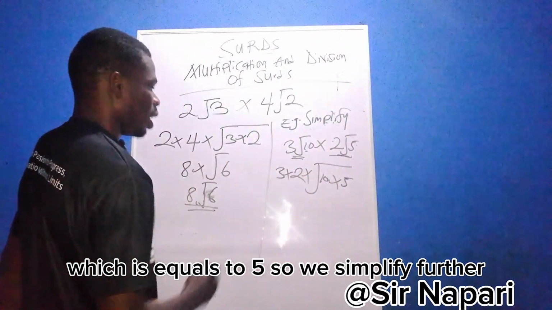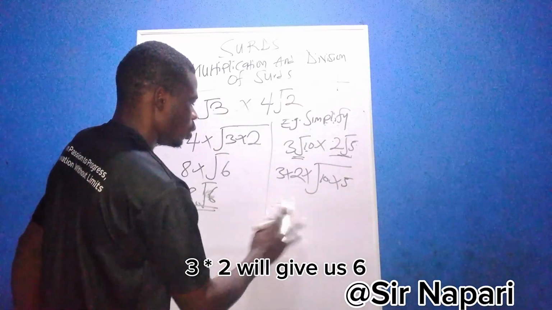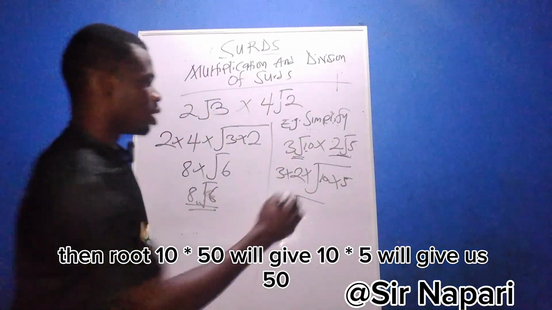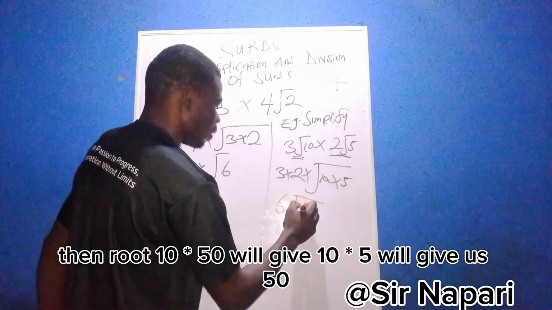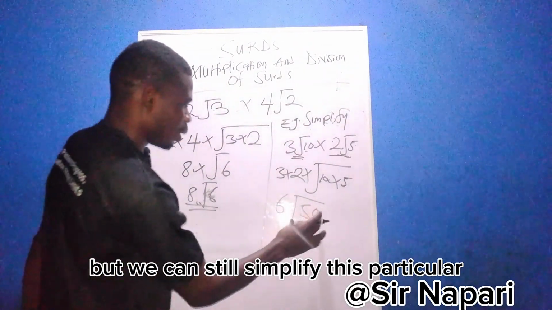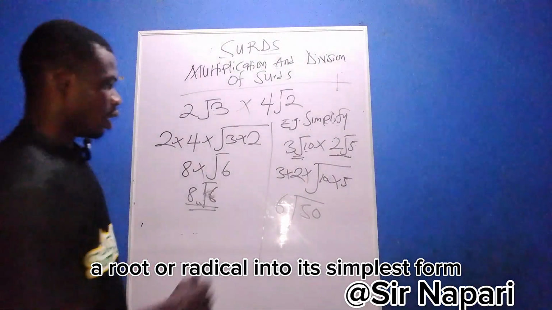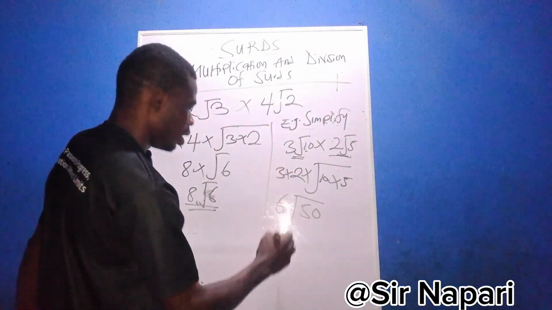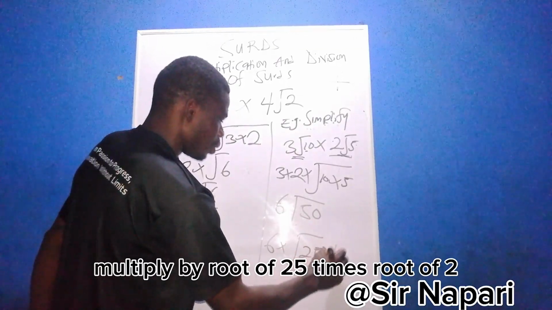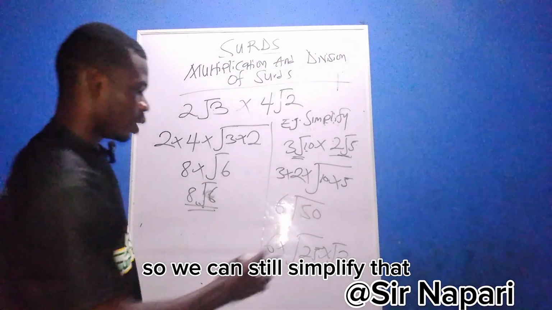So we simplify further. 3 times 2 will give us 6. Then root 10 times 5 will give us 50. But we can still simplify this particular root into its simplest form, which is 6 multiplied by root of 25 times root of 2. 25 times 2 will give us 50, so we can still simplify that.